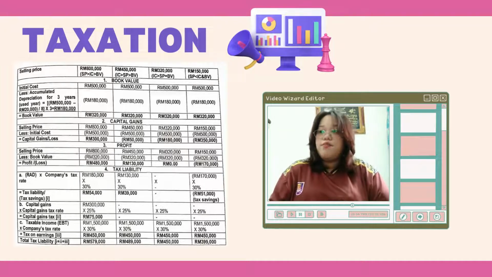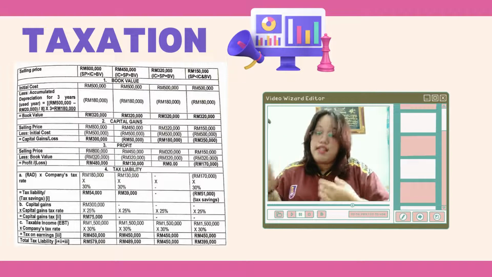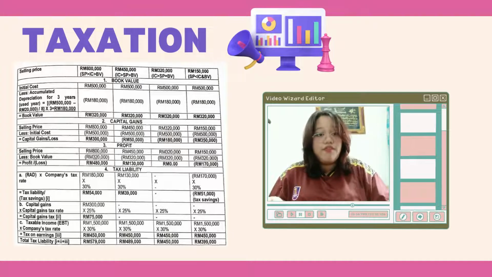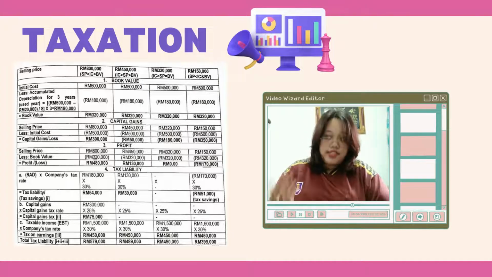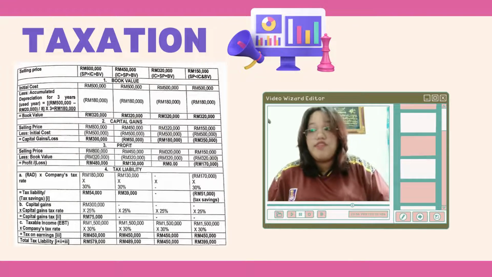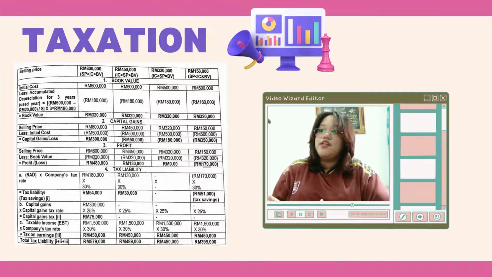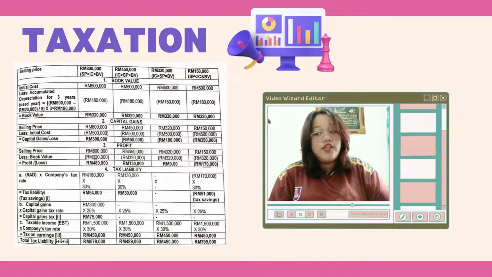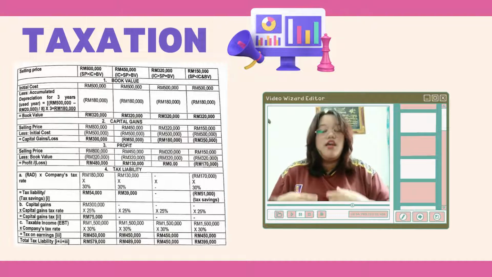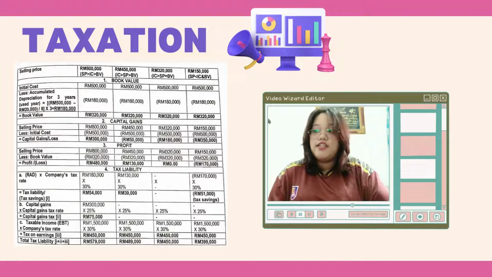In order to calculate profit, you have to minus the selling price and the book value. The selling price is 800,000 ringgit, and the book value, the one that we calculated at first, was 320,000 ringgit. So 800,000 ringgit minus 320,000 ringgit, and the answer would be 480,000 ringgit.